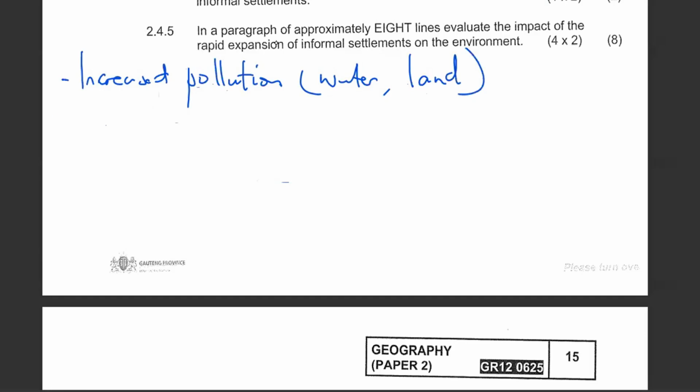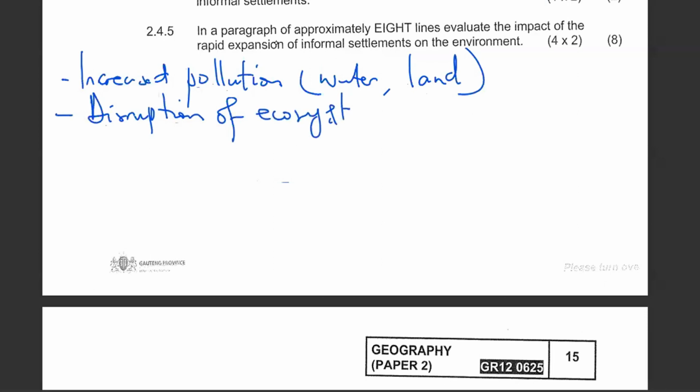We can look at things like increased pollution. The environment is polluted. This comes in the form of water and also land pollution. And we can also talk of disruption of ecosystems.